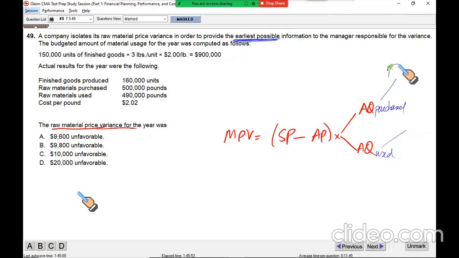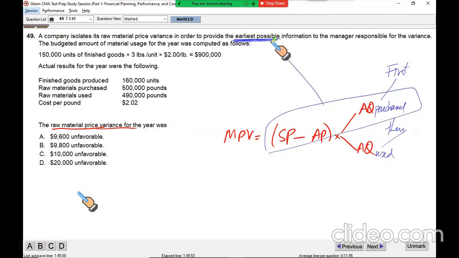We purchase first, then we use. So if we calculate the purchase price variance, this will provide us the earliest possible information. This was a very fine point. If you need the information as quickly as possible, you should calculate the purchase price variance because this comes first. Usage comes later. So we should apply the first leg of the formula.